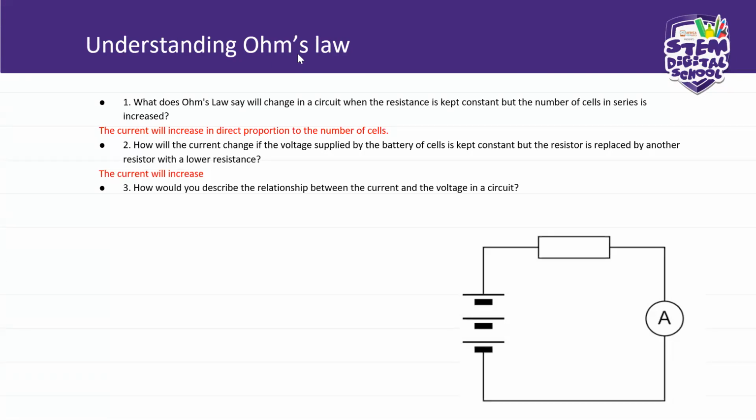The answer is even in the answer of the first question. Current is always proportional to the voltage if resistance remains constant. Very good. Very good, Cleo.